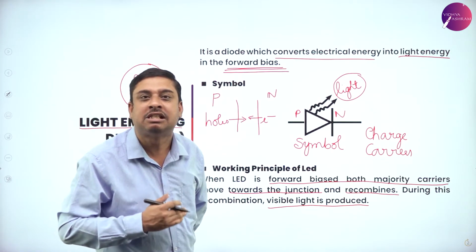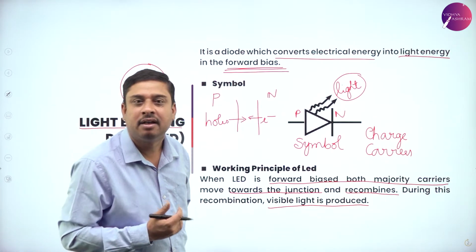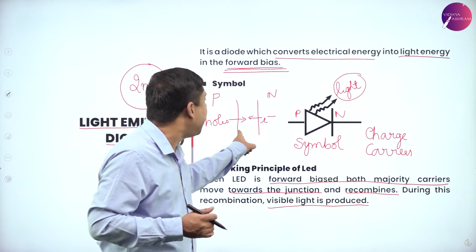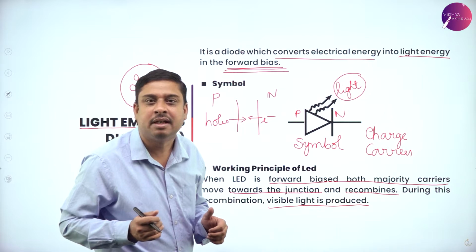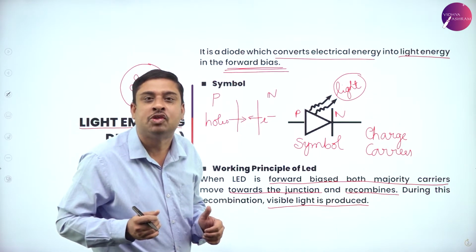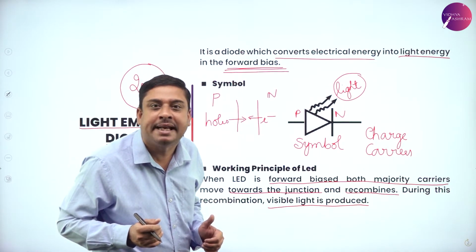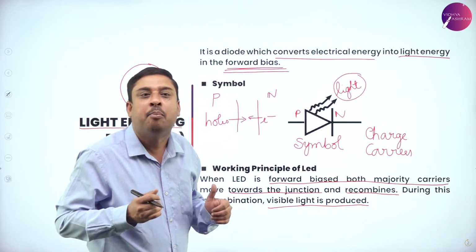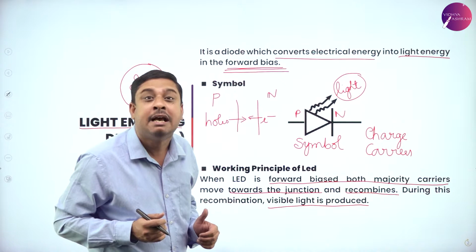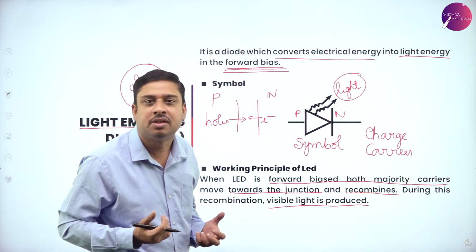So what are these charge carriers doing? They will break the width of this depletion region. They will reduce the potential barrier. And for one particular bias voltage, conduction happens.